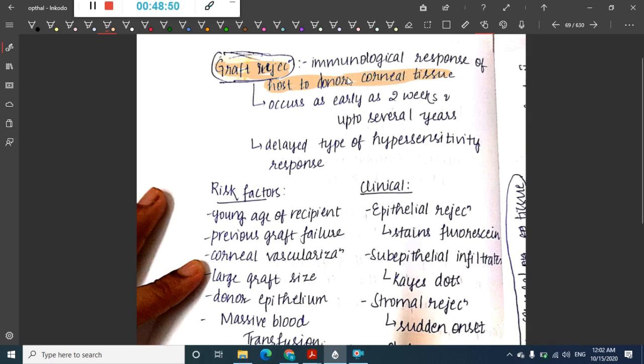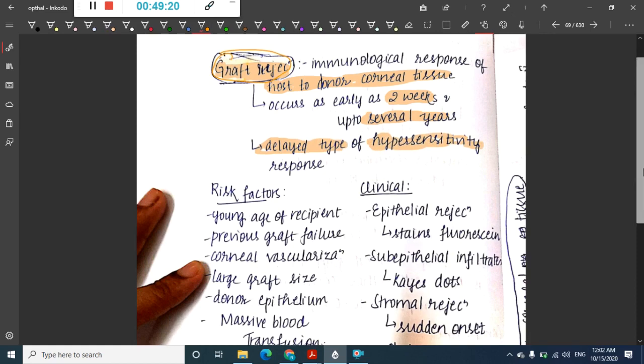This graft rejection can occur as early as 2 weeks, and it might take several years to occur. It is associated with a delayed type of hypersensitivity reaction, and this is called graft rejection.